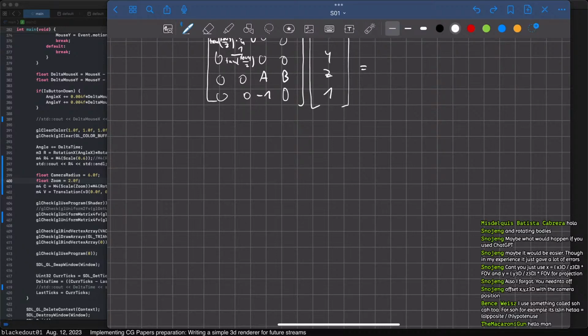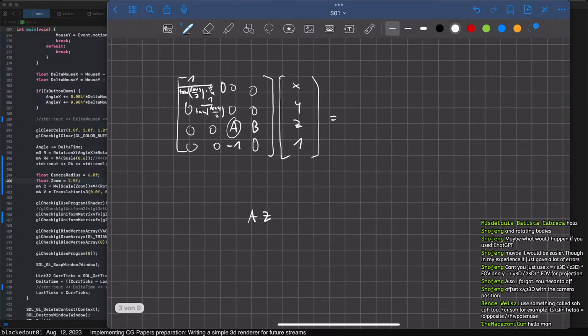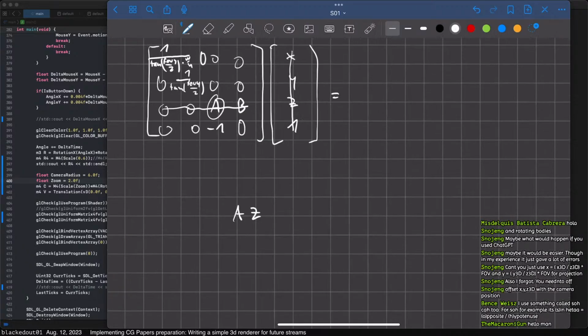So we have our original z coordinate that is first scaled by a. You just need to multiply this row by this column. So the x cancels, the y cancels. We just multiply a by z, and then we add b.